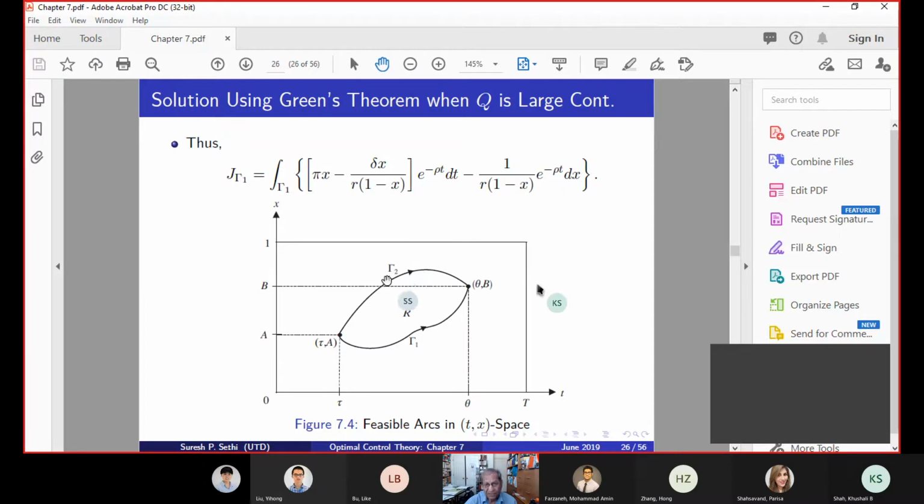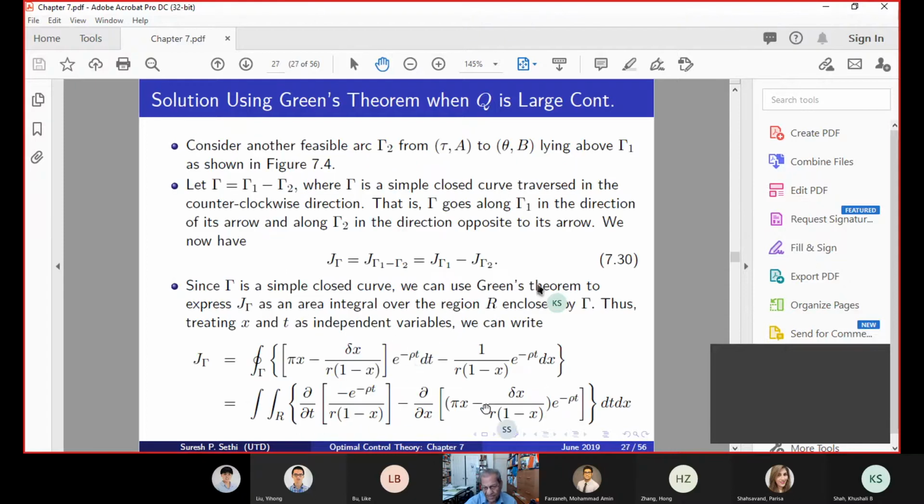Then Green's theorem says that the line integral along this closed curve is nothing but this area integral.